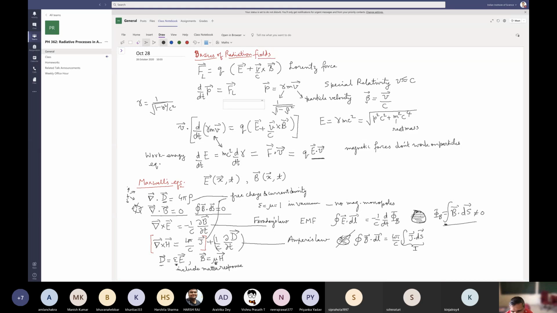Ampere's law is very, very applicable, for example to find the magnetic field due to this dipole configuration of current. Basically the Biot-Savart law is one and the same thing as this in a sense. Biot-Savart law says that if you have this current density, how do you get the magnetic field strength?